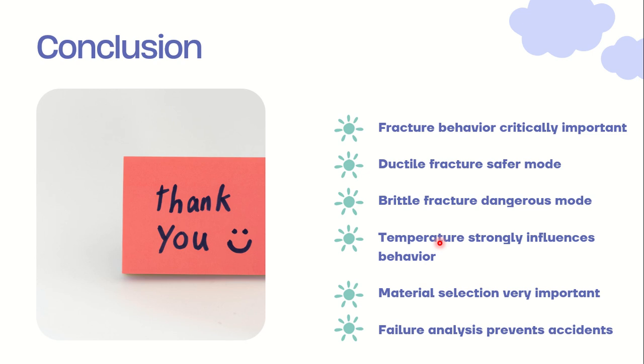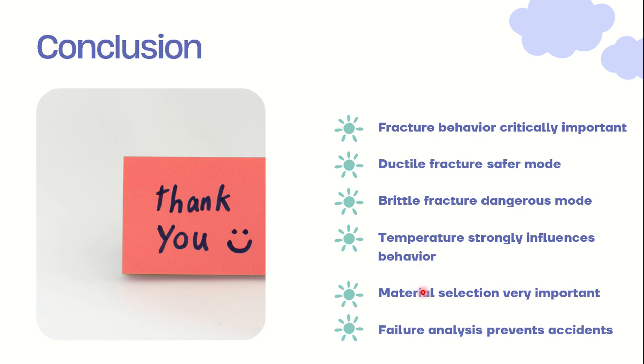Okay, we will conclude the topic about what we have seen in the previous class. Fracture behavior is critically important. Ductile fracture is the safer mode. Brittle fracture is the dangerous mode. Temperature strongly influences the behavior of material in both brittle and ductile.